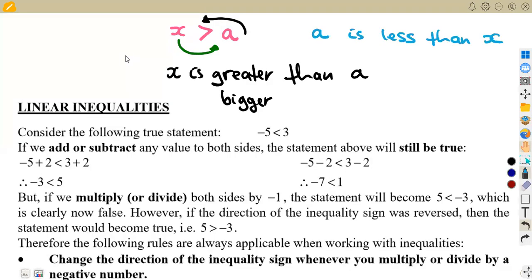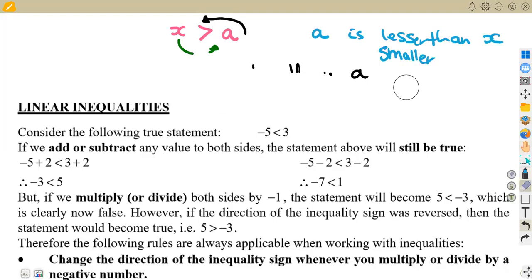A is smaller than x, lesser than. We are now comparing two things there. So x is bigger or greater, and a is smaller than x because a is pointed at. So like I said, it's how we read the inequality sign, from which side.